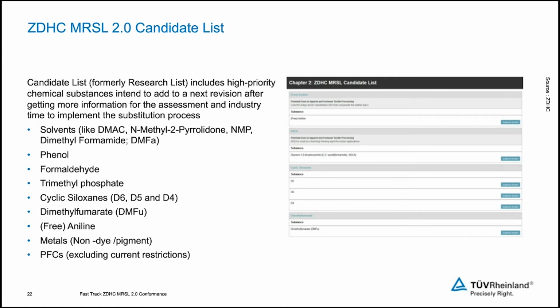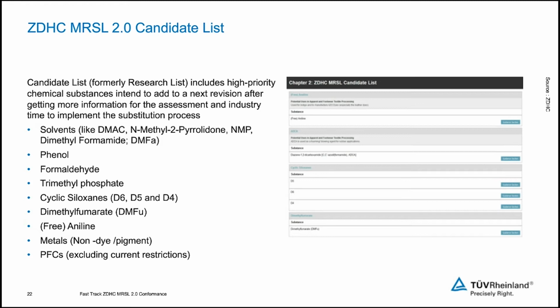Also, there are questions on what could be other potential candidate list substances. We don't know, but we know that based on some evaluations from ECHA, there are substances now being evaluated on a European level, like skin sensitizers listed in Annex 6 of the CLP regulation.